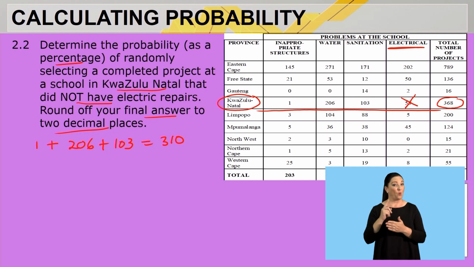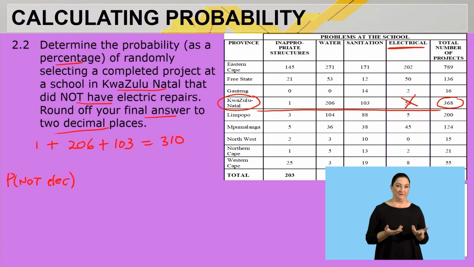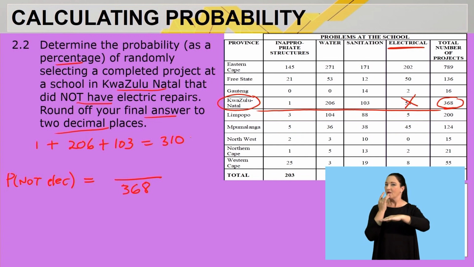Okay, so what is the probability? I'm quickly going to note that down. So it's a probability of not having electrical repairs. Remember, I take my favorable outcomes divided by my total number of possible outcomes. So I know already my total number of possible outcomes is 368, and here is my number of favorable outcomes.